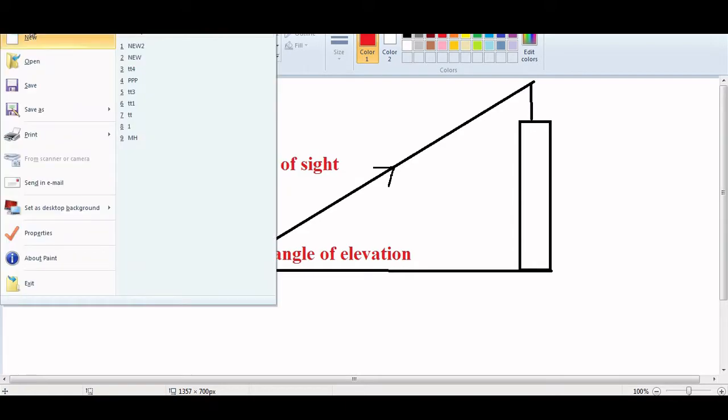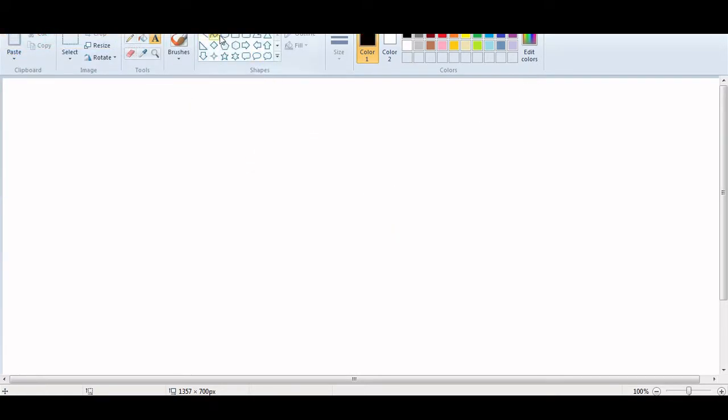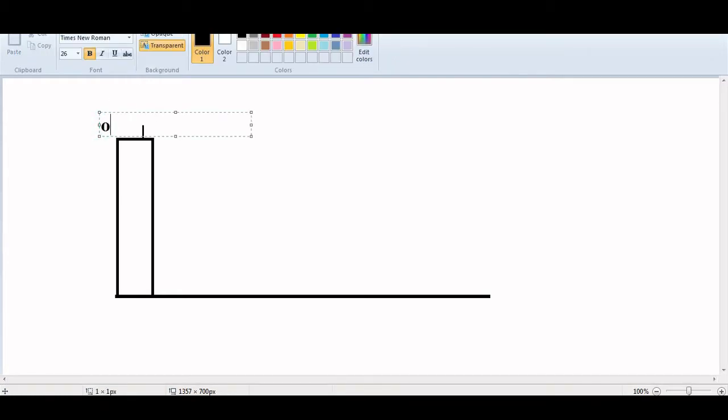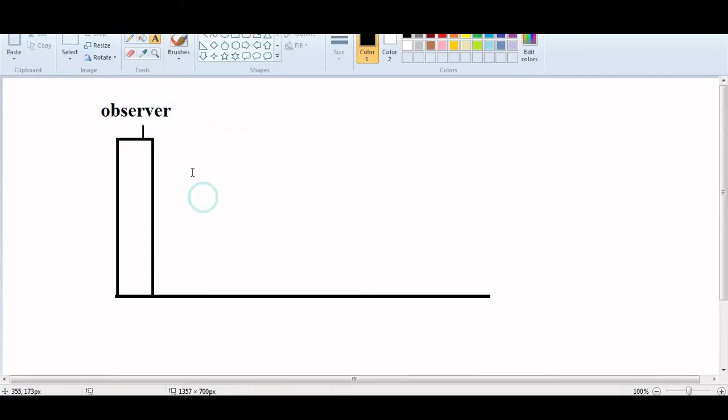Let us draw a new diagram over here. This is some object, monument or building, and this is our ground level. Let us assume that the observer is here, and here is some object on the road. The observer will see that object like this.